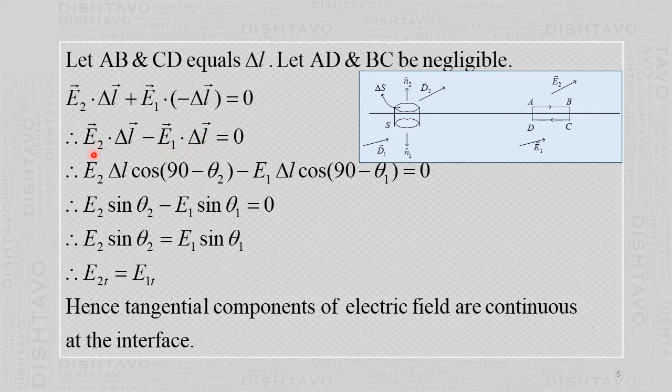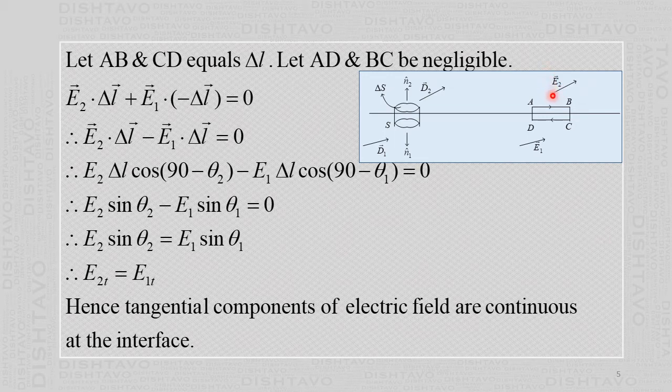Then the angle between E2 and delta L. See, this D2 is parallel to E2 because for an isotropic dielectric the directions of all physical quantities are the same. So if this D2 makes angle theta 2 with N2, that means E2 will also make angle theta 2 with N2.